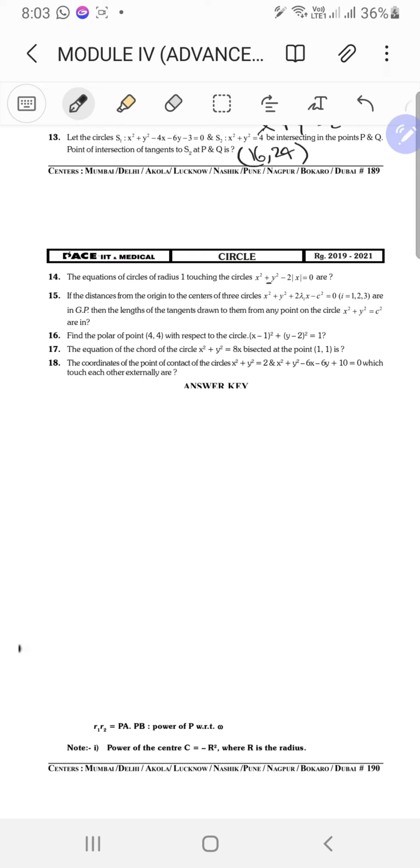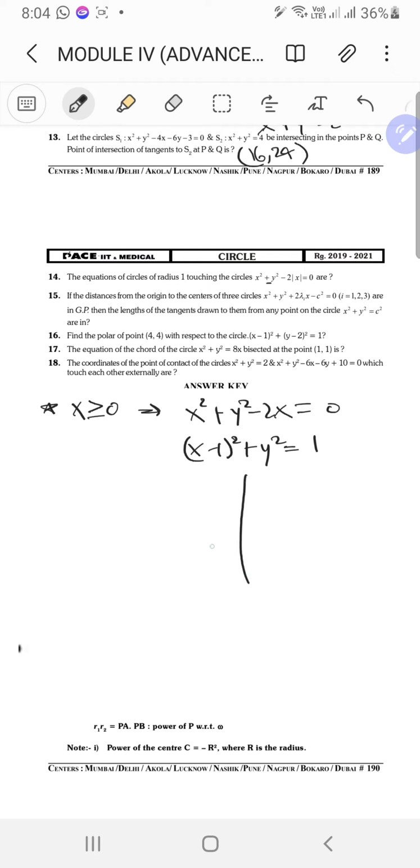Okay, so what circles are these? Let's take some cases. If x is bigger than or equal to 0, then this equation essentially becomes x squared plus y squared minus 2x equal to 0. So (x minus 1) squared plus y squared equal to 1, right?